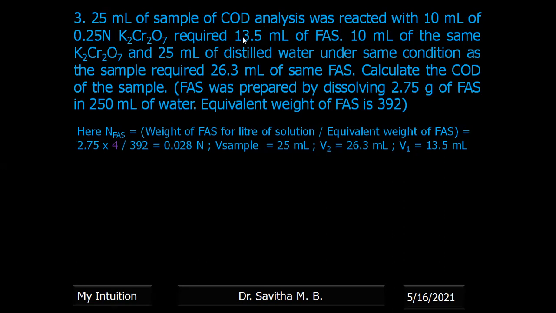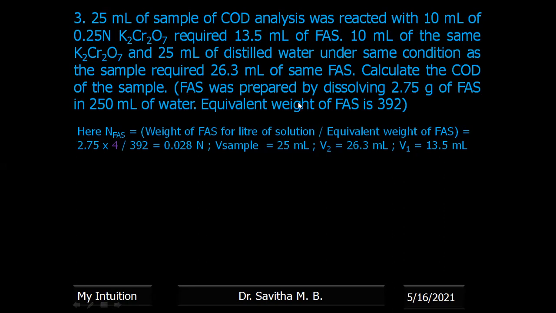Therefore, this is the back titer value, right? The next one is 10 ml of the same potassium dichromate and 25 ml of distilled water. The moment distilled water comes, it is the blank titer value, that is 26.3.